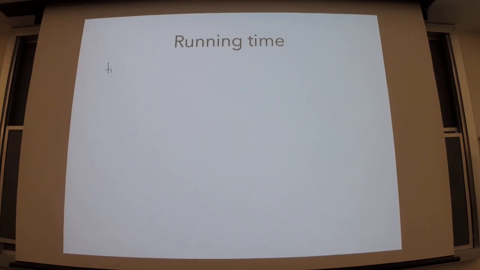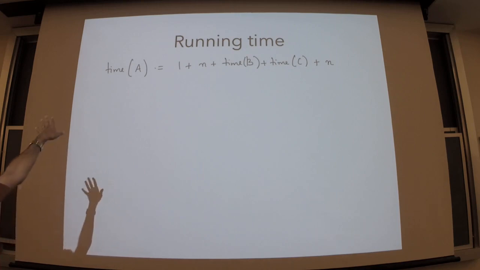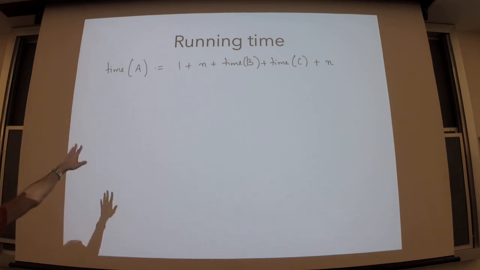So time on the array A equals 1 plus n plus time on the array B plus time on array C plus again n. I'm ignoring constants; O of n I'm treating as n. So this is what that step-by-step analysis said. And this is for an array of size n.